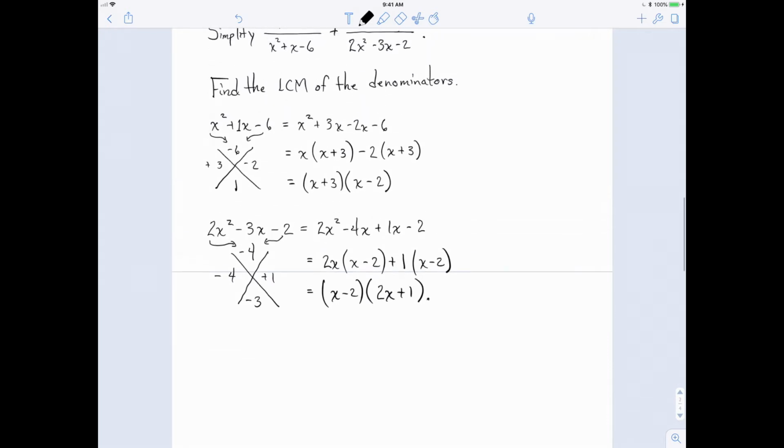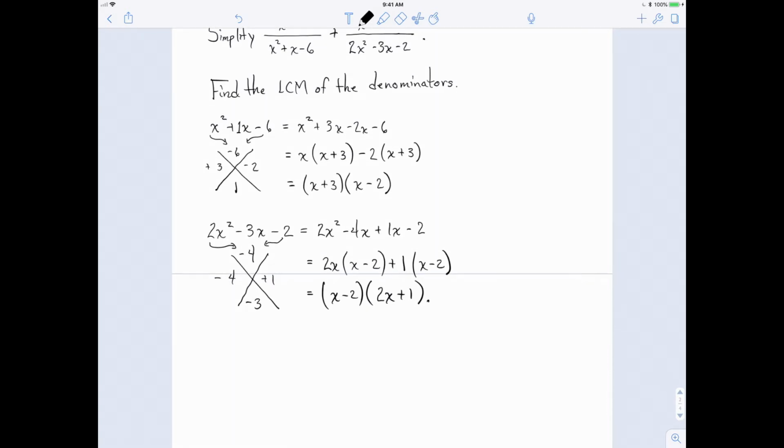Now, to find the lowest common multiple, look at what we just did. We took x squared plus x minus 6 and wrote that as (x plus 3)(x minus 2), and then we took 2x squared minus 3x minus 2 and wrote that as (x minus 2) times (2x plus 1). So let's line up our columns. I think it makes this easier to track.